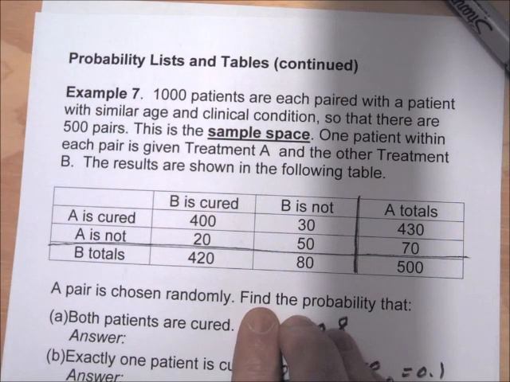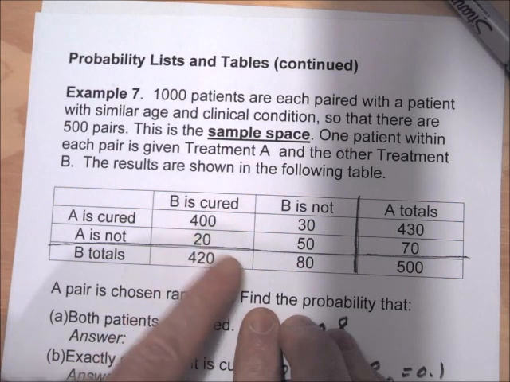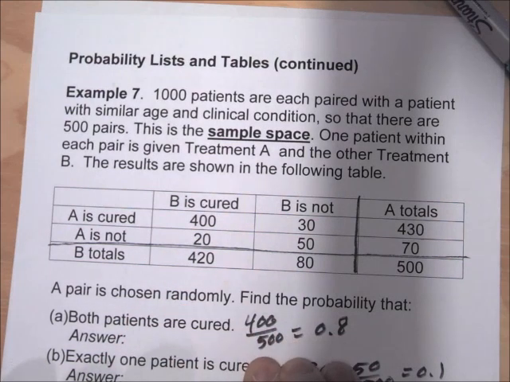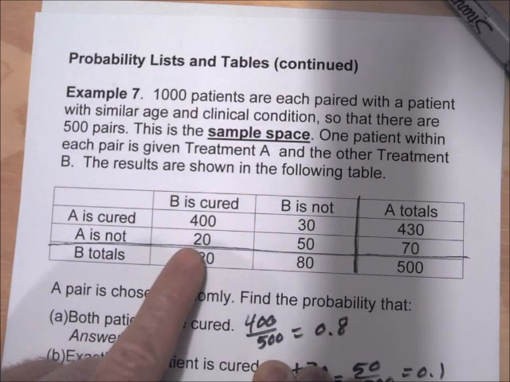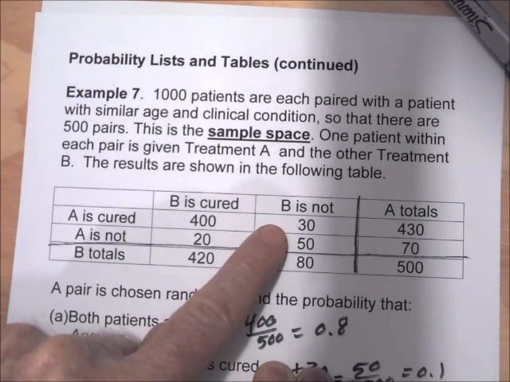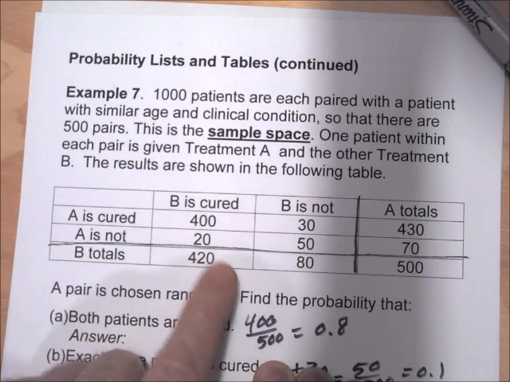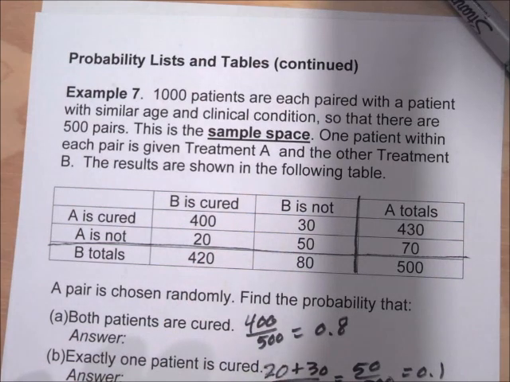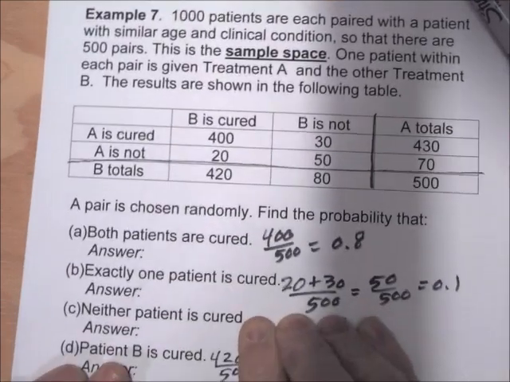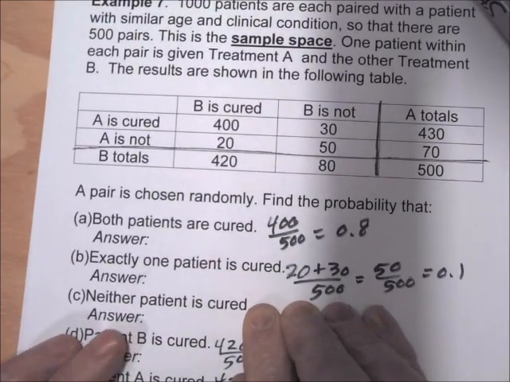The probability of both patients are cured, well, that's 400 out of the total of 500. So 400 over 500 is 0.8. Probability exactly one patient is cured. Well, that would be either B is cured and A is not, or A is cured and B is not. So you'll have 30 plus the 20 over 500, which is 50 over 500, which is 0.1. Neither patient is cured.